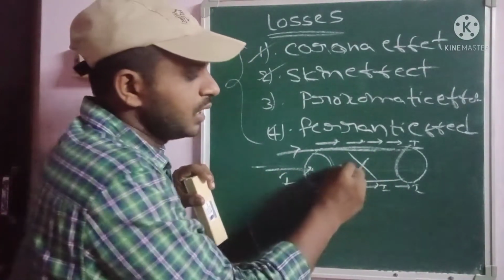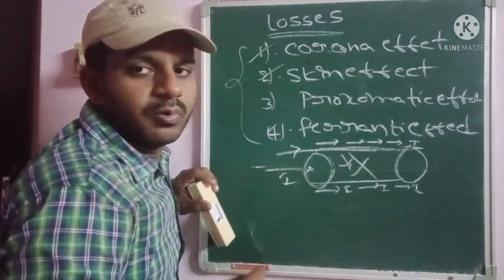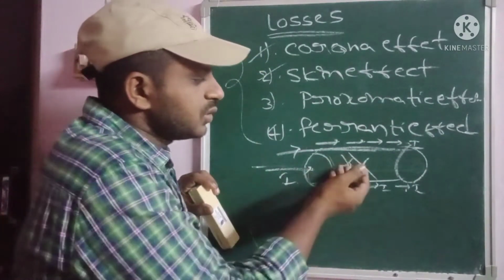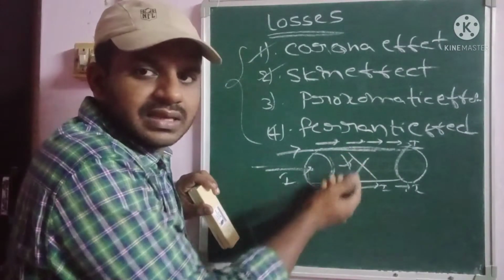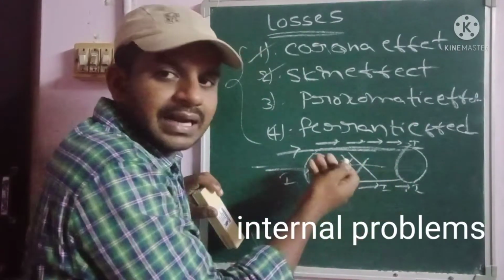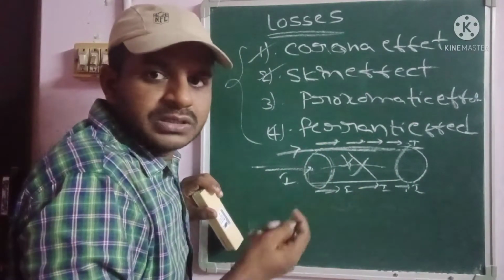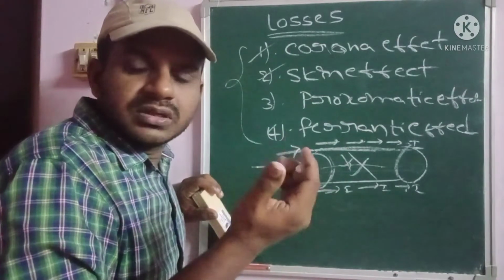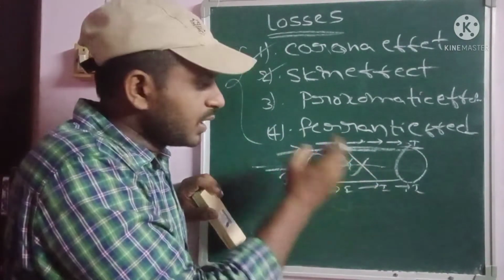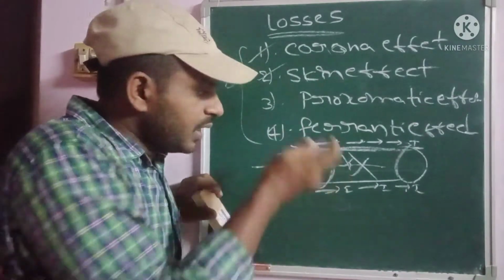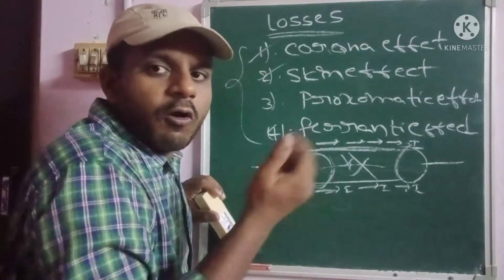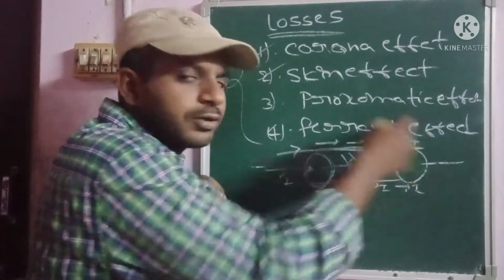This causes some internal problems, because the conductor is not being used as a good conductor. So the amount of supply we give at the input will not be fully available at the output of the conductor.